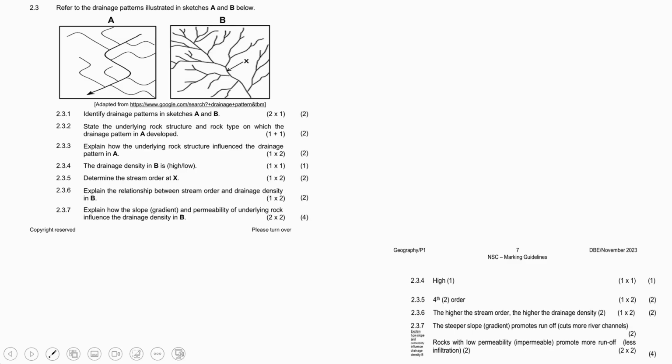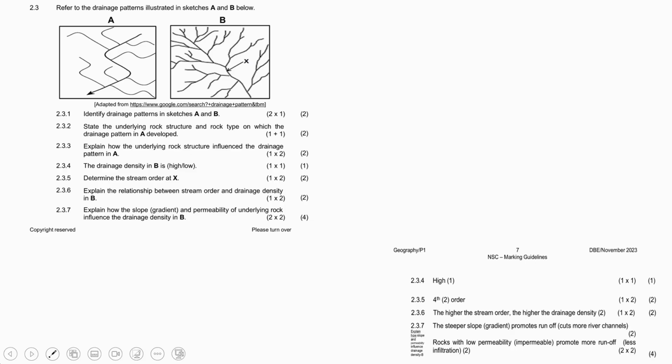Look at A: very few tributaries, very few streams. And B, more tributaries. So the drainage density at B is actually higher because there are more tributaries. So you will say high.